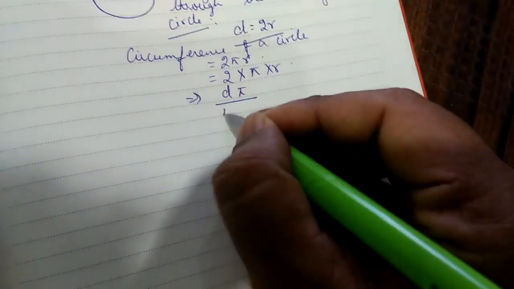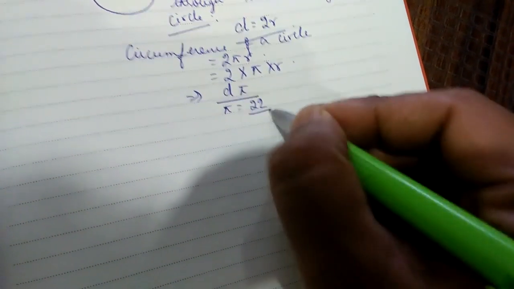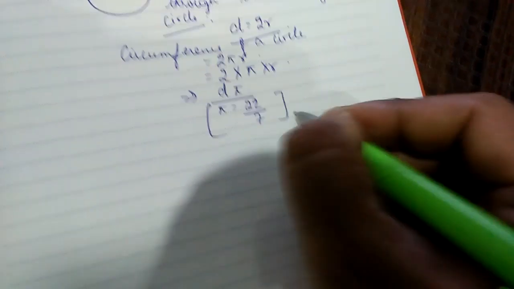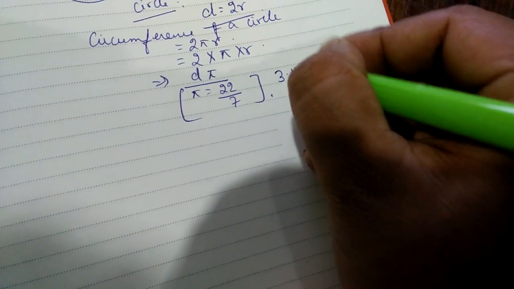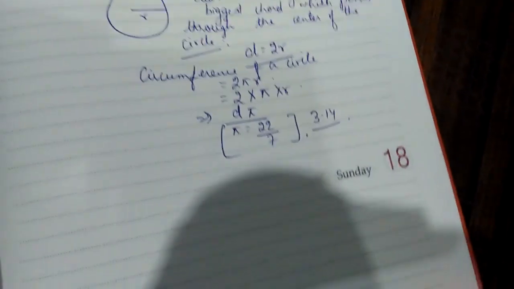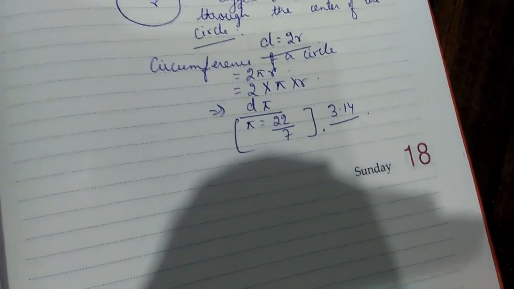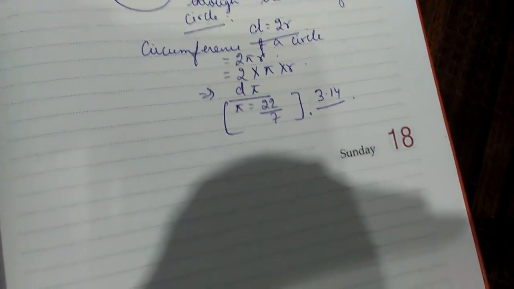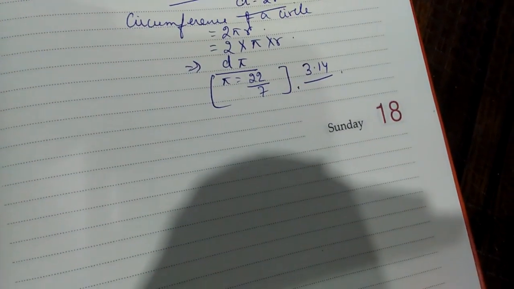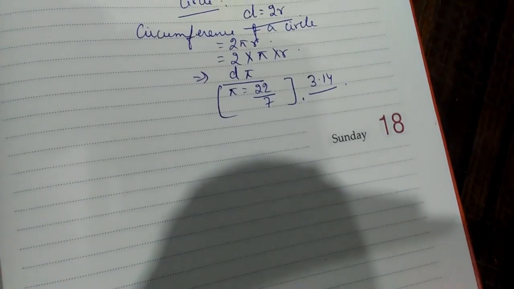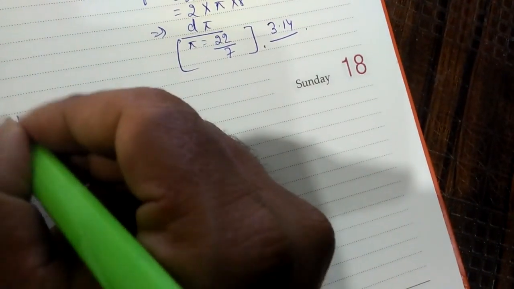Pi is equal to 22 by 7. In some cases it is taken as 3.14. Depending on the question, you will use 22 by 7 or 3.14. Extremely simple. So let's solve a few questions regarding this.